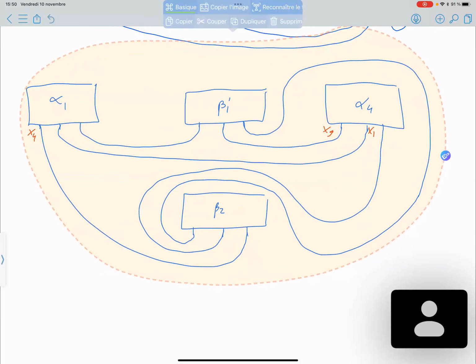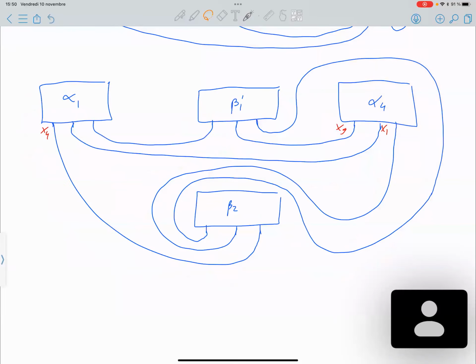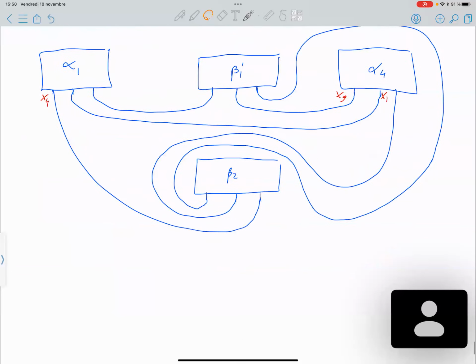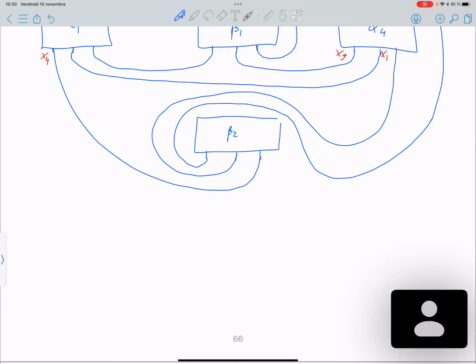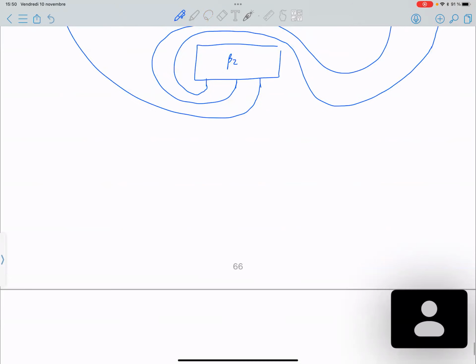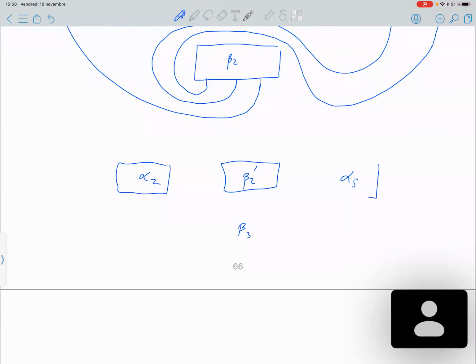And then I have space for making it. So the same idea. I will make it smaller. So alpha 2, beta 2 prime, alpha 5, beta 3. So here the picture will not be nice, but it's okay.